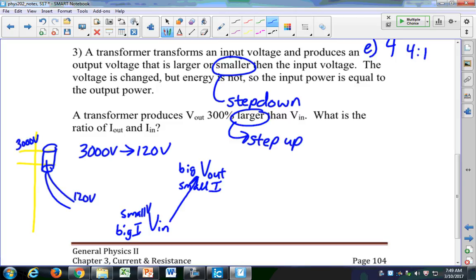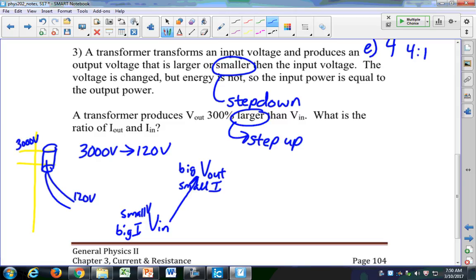All right, so it's not so much that you're increasing the power output of your electricity, but instead you're swapping back and forth between voltage and current. So those 3,000 volt lines outside your home, they have a very low current. But when it comes into your home, you have a much higher current. Here, when we're going from a small voltage to a big voltage, we have a big current, and then we have a small current.